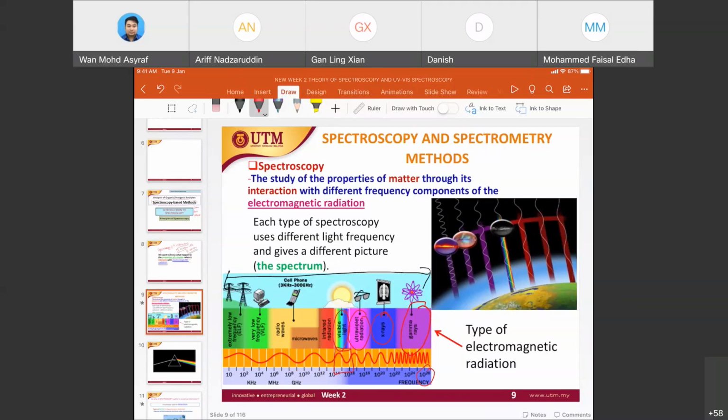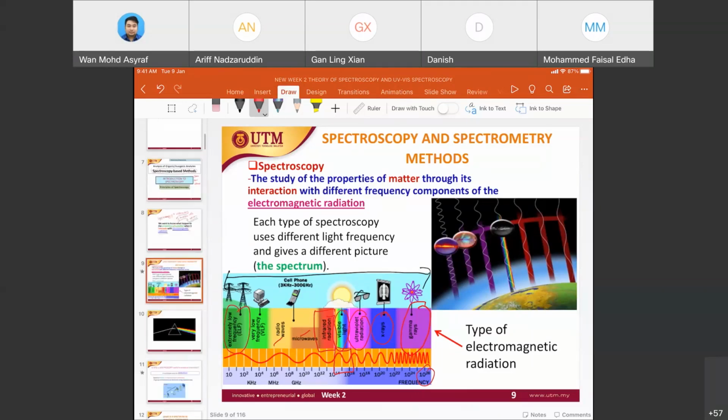Okay? Radiation berada di bawah, and then microwaves, radio waves, and then yang paling rendah sekali adalah low frequency, extremely low frequency, ELF. Okay? So selalu ini yang berada dekat pencawang-pencawang lah. Okay, so all of this mengeluarkan electromagnetic radiation. Radiation dalam bentuk frekuensi.